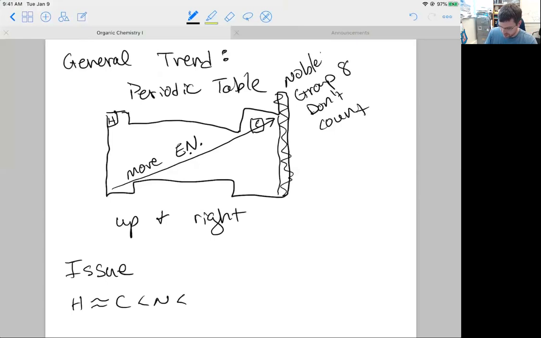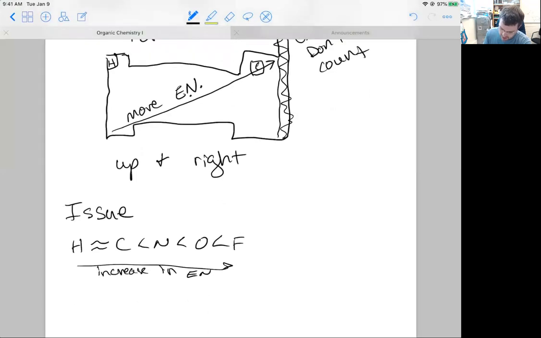Now, C is less than N, which is less than O. That makes sense because they go in series, C, then N, then O, going to the right across the periodic table, and then F. So it makes sense to have an increase in electronegativity because we're just going across to the right. It's a little weird, and it doesn't really fit with H being approximately equal to C, but it's true. Now, the other issue is that we also have O.